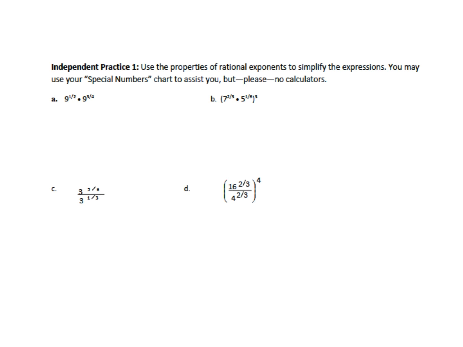I'm just going to read the directions together so we have an idea of what to expect. It says, use the properties of rational exponents to simplify the expressions. You can use your special numbers paper. I'd like you to try to not touch a calculator for these, if nothing else, just to get the fraction practice.